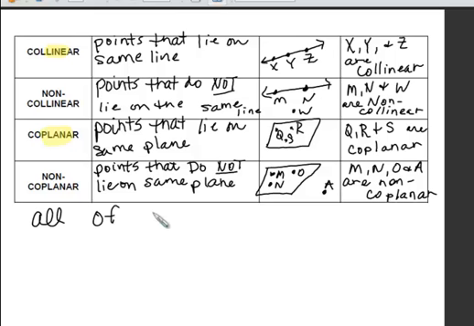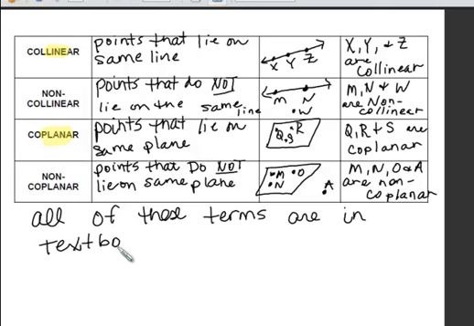All of these terms are explained and have examples in your textbook. And that's Chapter 1, Lesson 1.